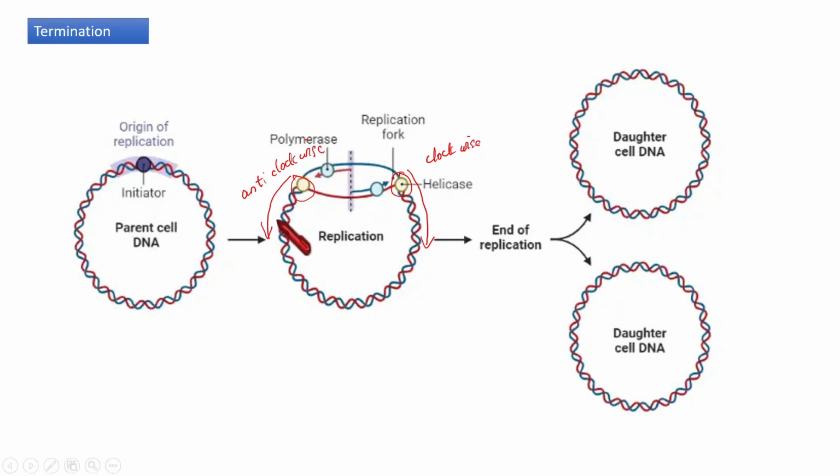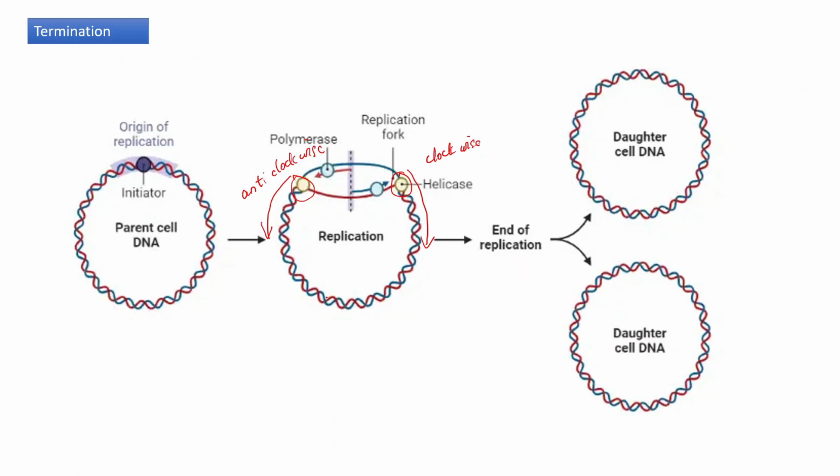Okay, and as this two-way replication proceeds, it will meet somewhere here, and on meeting there, that marks the end of replication and results in two daughter DNAs. And that is the simple explanation of how the termination happens in the case of prokaryotic DNA replication.